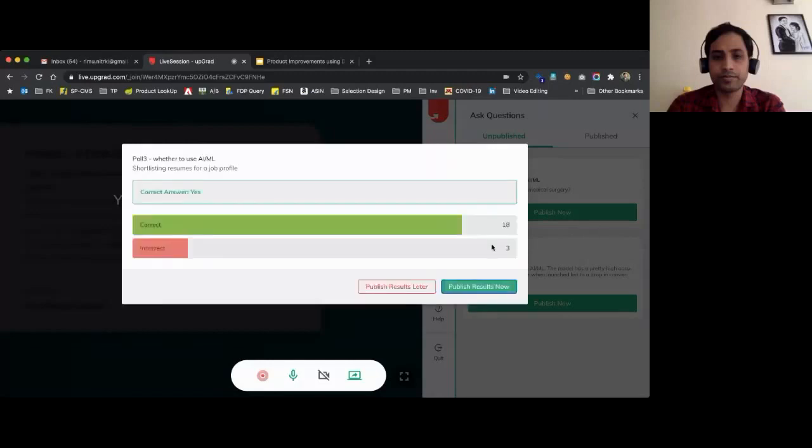So let's see. Most of you got it correct. Yes, can we use AI ML to shortlist resumes for a job profile? Yes, we can definitely do it by understanding the education and the different professional qualifications mentioned in the resume, and matching them to the job profile and the needs of the job. Right. Let's go to the next poll.